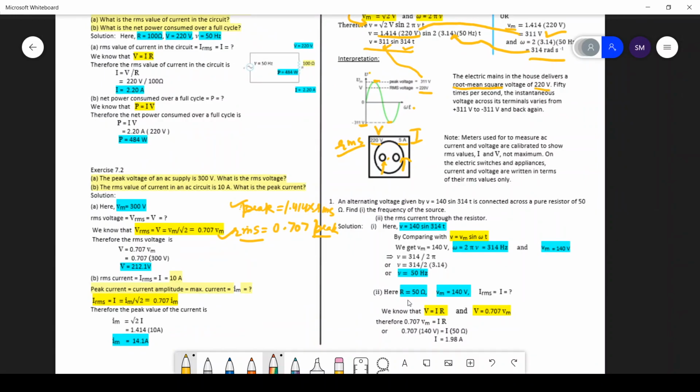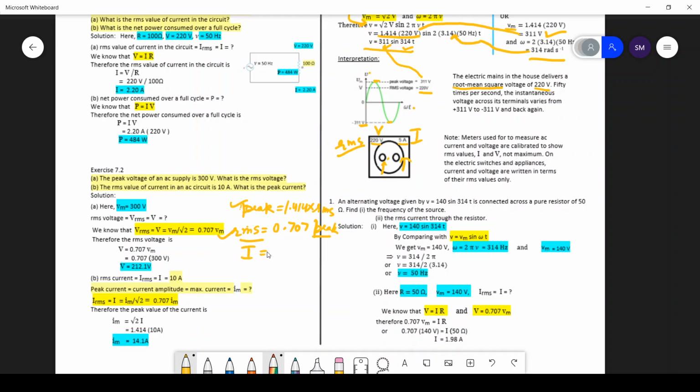Now we need to find out the RMS current. Now this RMS current is 0.707 into peak current, but the peak current is not given to us here. So instead, for RMS we will write the formula.